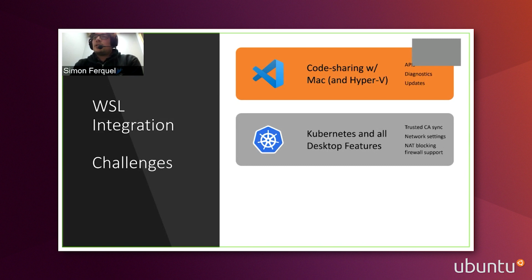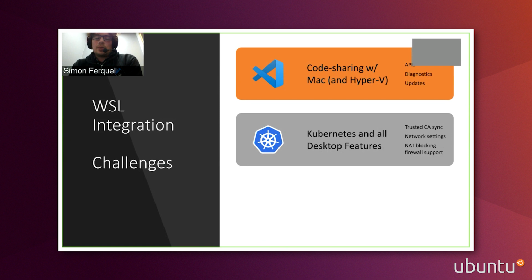Second, we wanted to keep all the existing Docker Desktop features with WSL2. So we wanted to have support for Kubernetes, for our way to sync the trusted certificate authority between the Windows host and the Linux VM. And also we wanted to keep the same network capabilities.